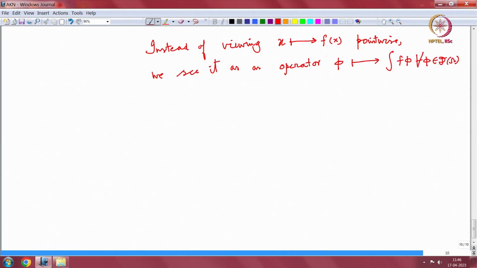So you have a different way of looking at your function as an operator, and this gives you new objects which will soon be seen here.